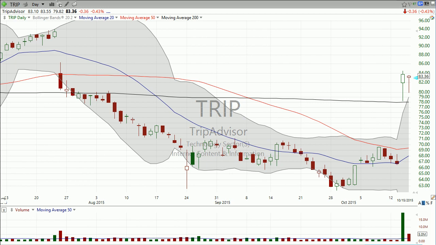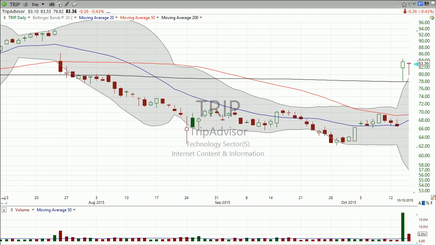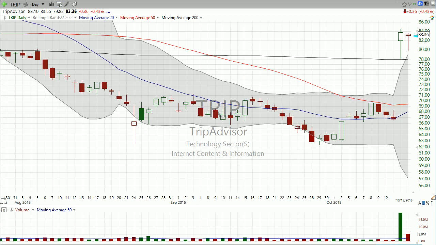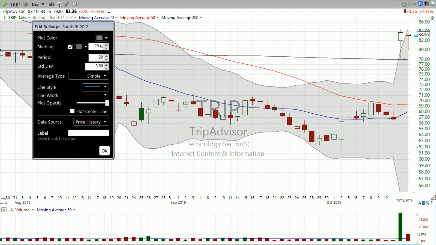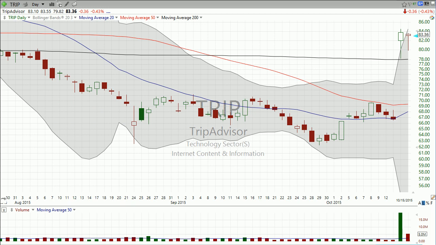Bollinger Bands expand to capture price. About 90% of all closes are within the Bollinger Bands on 2 standard deviations, and this is what these are. 20 period moving average, 2 standard deviations. So these are 2 kind of 10% days. Now, if we switch this to 3 standard deviations, now it's supposed to contain about 99% of the price action.